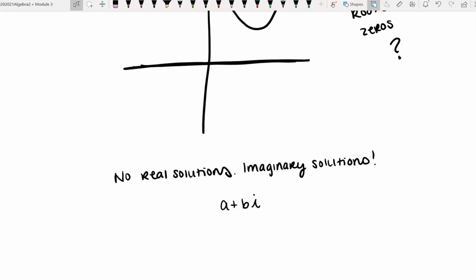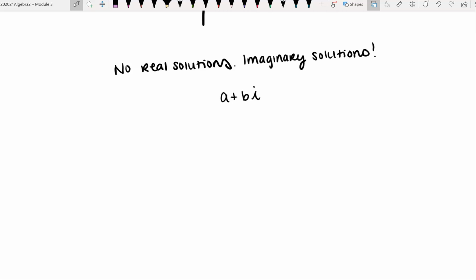So let's jump right in and see a couple of examples of when you're going to get imaginary solutions. Let's look at example number 1. We have 3x squared plus x plus 4 equals 0. The nice thing about this one is it's already in this form, set equal to 0, just like last time.